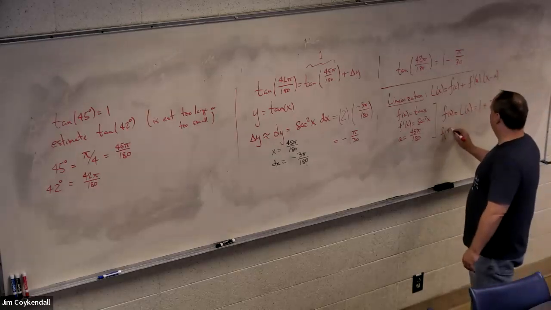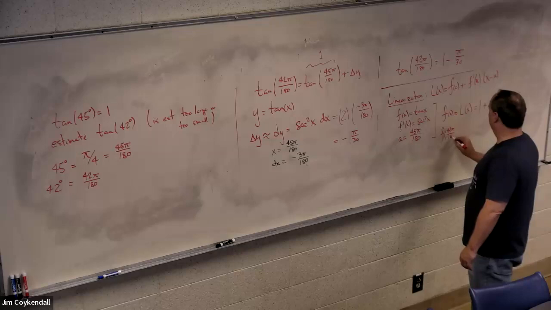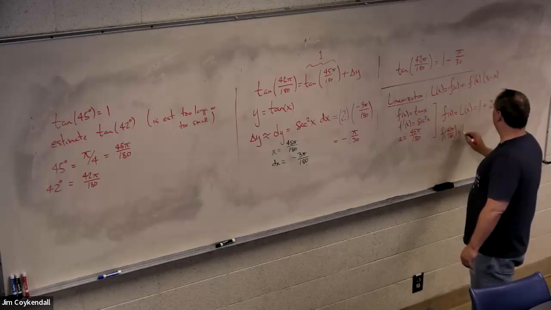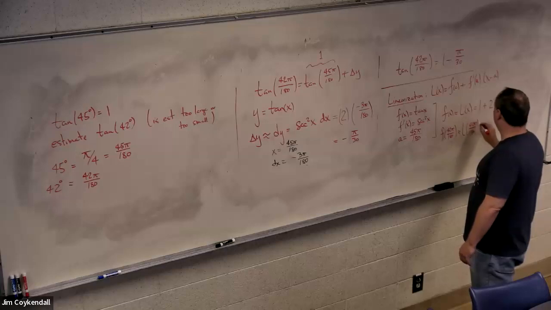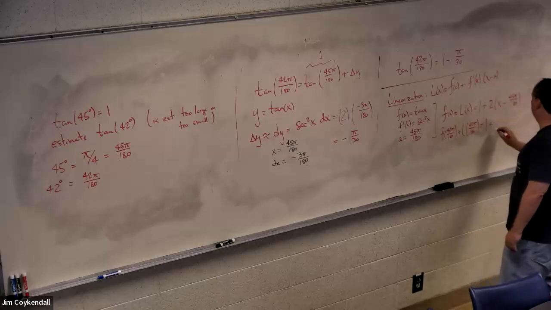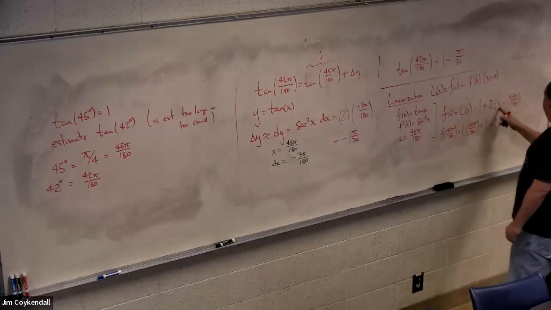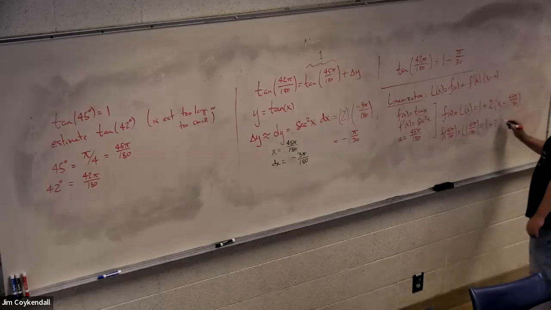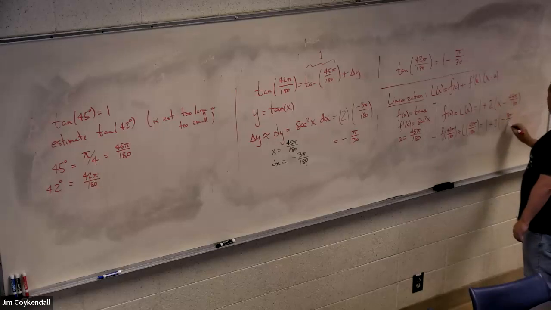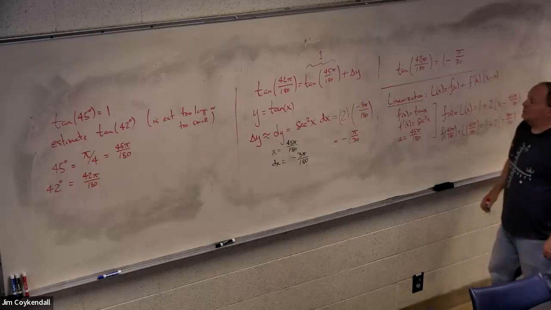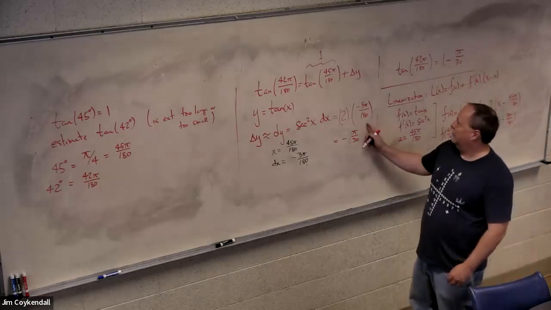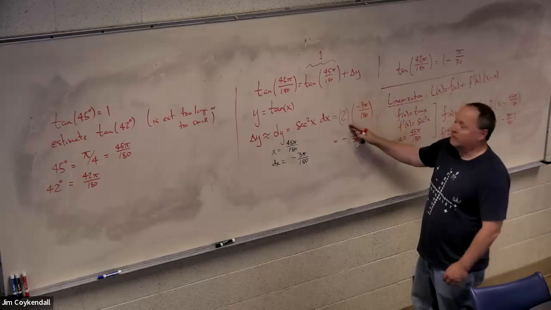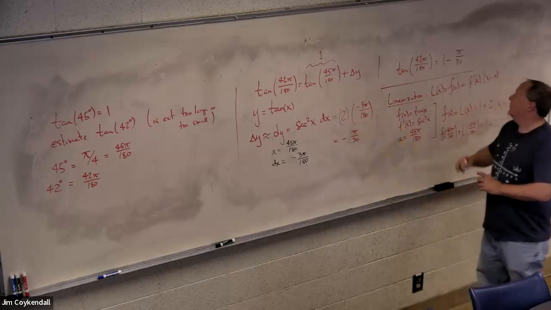And look what happens. f of 42 pi over 180 is approximately equal to L of 42 pi over 180, which is 1 plus 2 times x, which is 42 pi over 180, minus 45 pi over 180. And that part is familiar because there's that piece there subtracting.